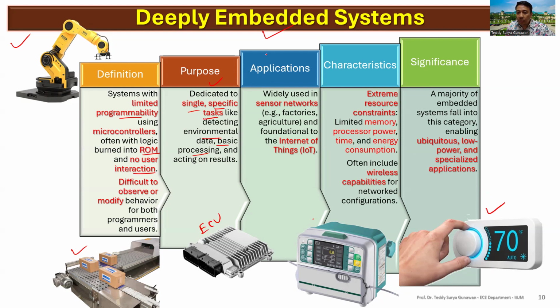So you can see here various applications, and the characteristic is extreme resource constraint. We have limited memory, processor power, time, and energy consumption. They often include wireless capabilities for network configuration, for example, in a wireless sensor network. It's very significant because of its ubiquitous, low-power, and specialized applications.